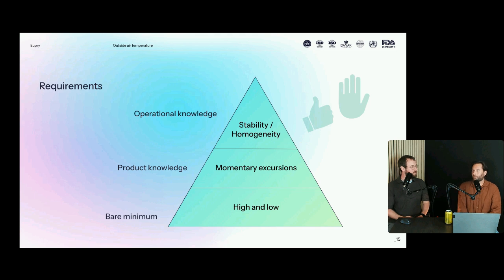And also, having a more detailed overview of the stability and homogeneity of any units that you have allows you, with more data, to do predictive maintenance on your facilities and on your units. But it requires quite a lot of data.